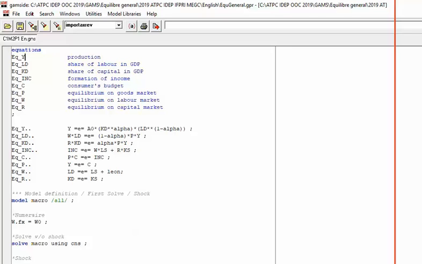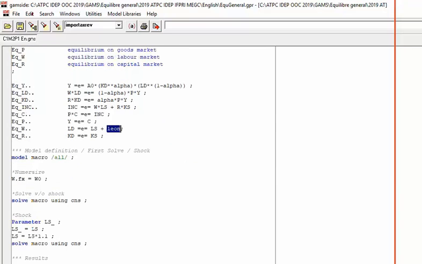But you have to think about one equation as being for the determination of a specific variable. So you see that you have the program with Léon, which is on the labor market equilibrium.